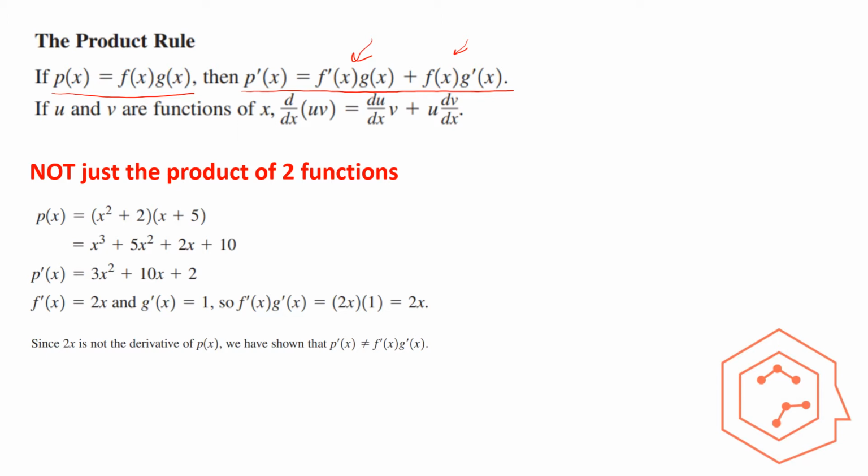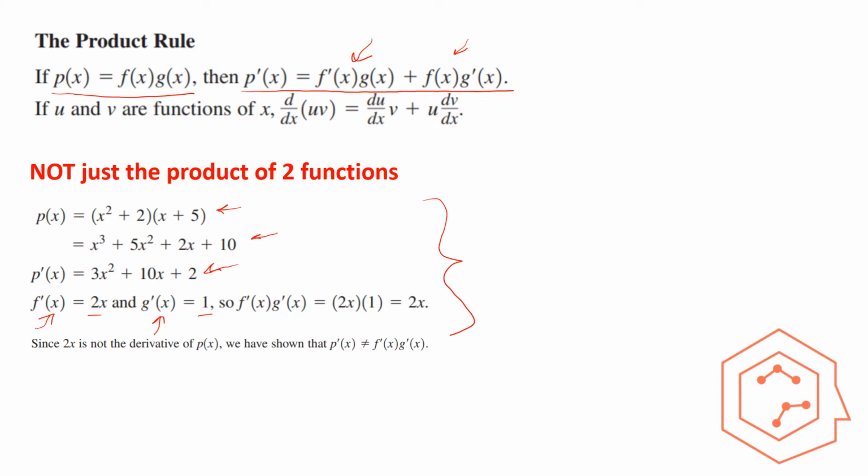So here's a proof of why it's not just the product of these two functions. Let's say I have something like this where I expanded it like over here. Now when I'm trying to take the derivative of this, it would end up being here. But if I take the derivative of f(x), I get 2x, and if I take the derivative of g(x), I get 1.